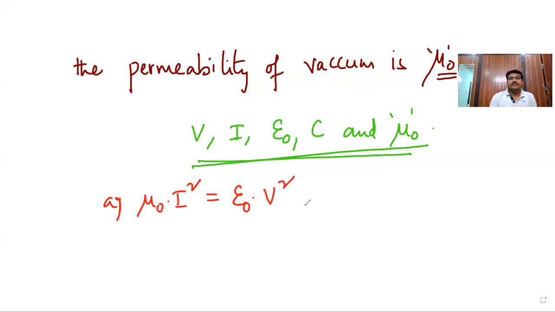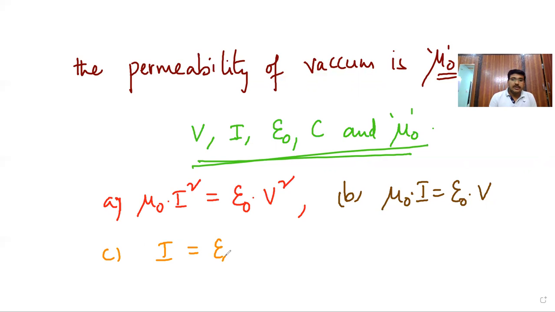The second option he has provided is mu naught into I is equal to epsilon into V. The third option he has provided is I is equal to epsilon into speed of light c into potential difference V.